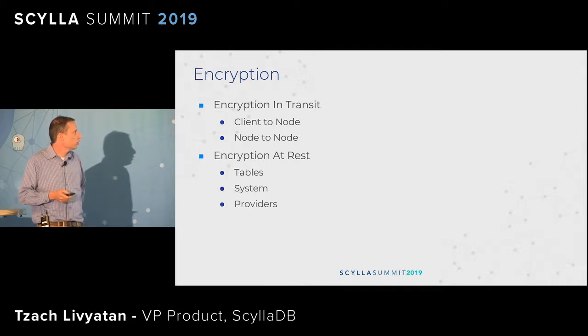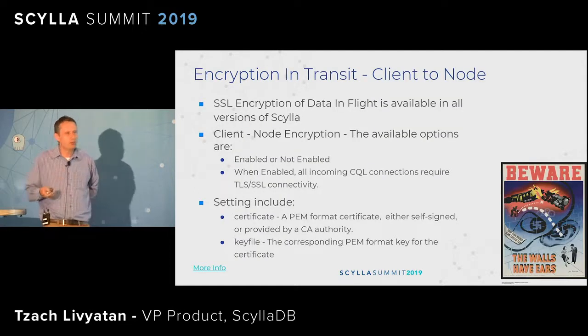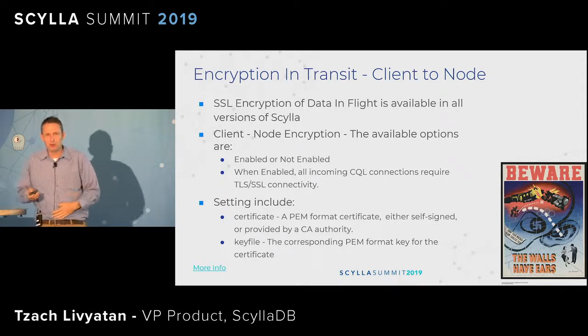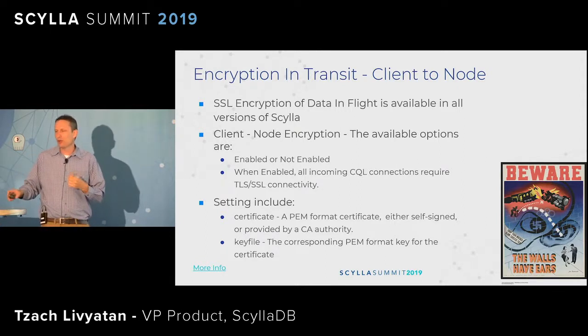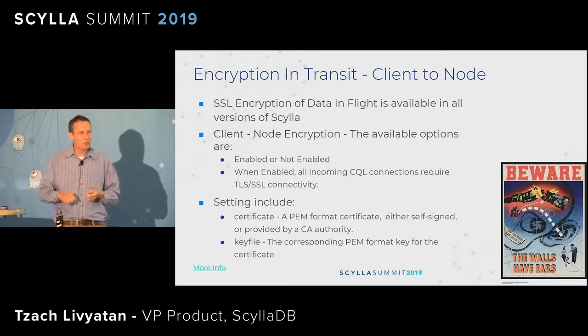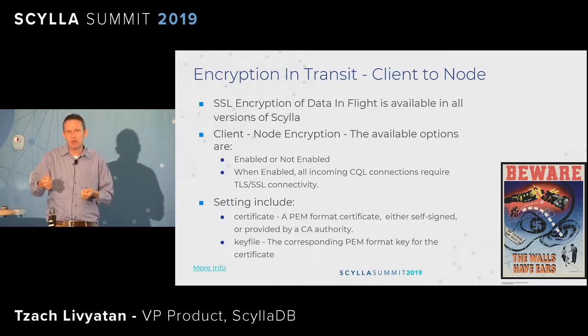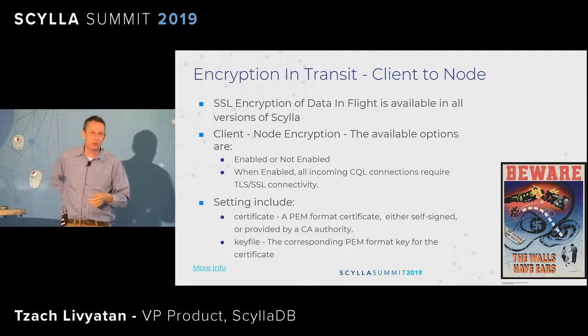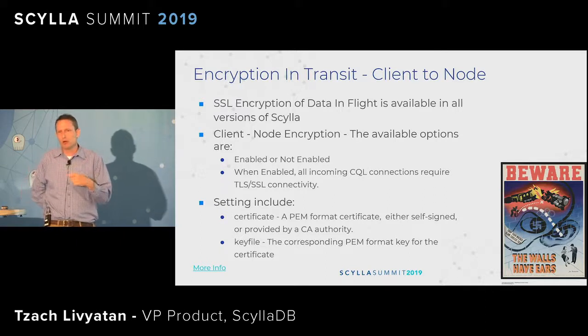So, encryption in transit. First, what are we protecting from? If you are not using encryption in transit, someone might snoop on the wire and capture, through Wireshark or this kind of tool, the packets that you are sending from your application to the database.